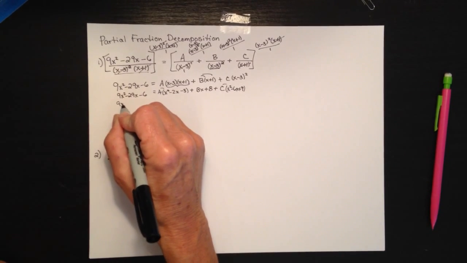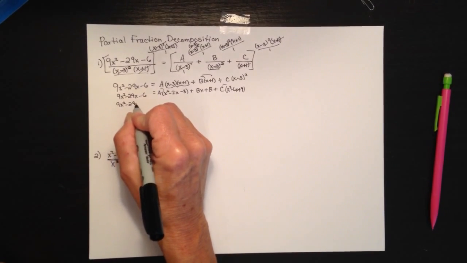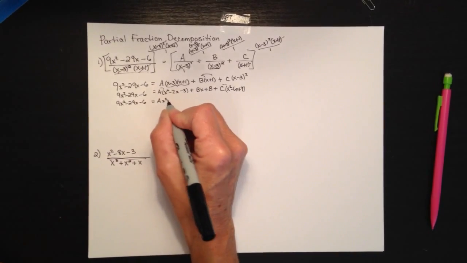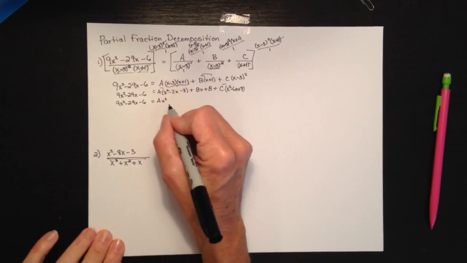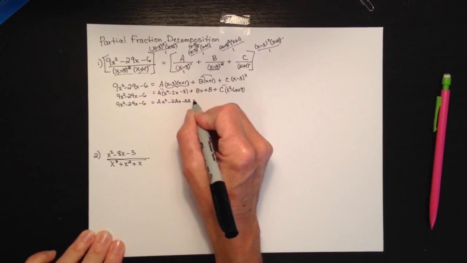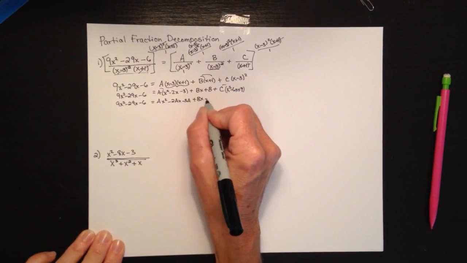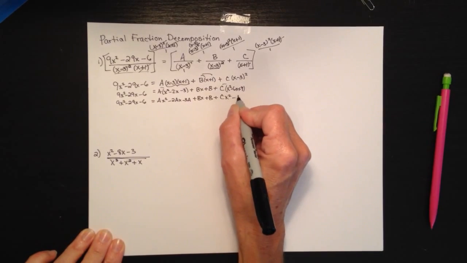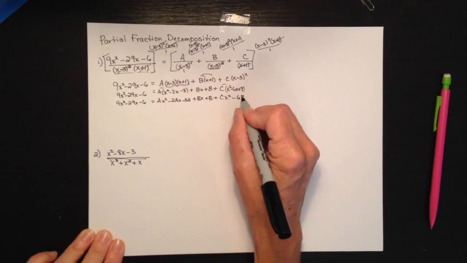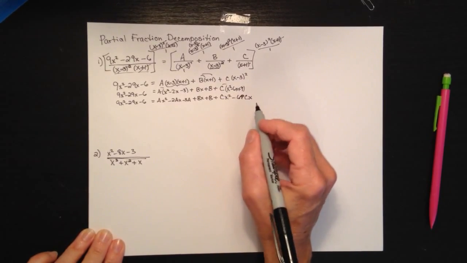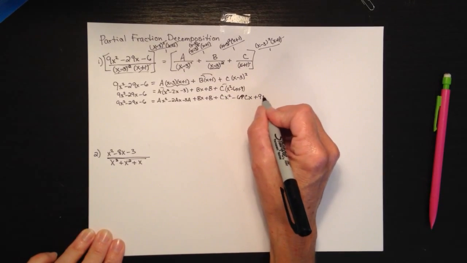So I get 9x squared minus 29x minus 6 is equal to Ax squared minus 2Ax minus 3A plus Bx plus B plus Cx squared minus 6Cx plus 9C.